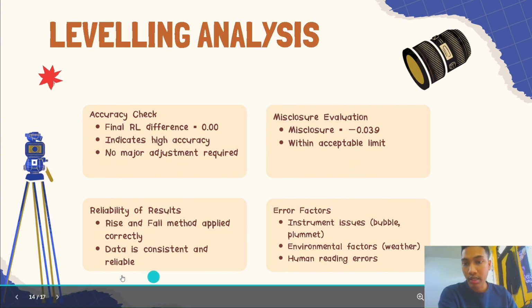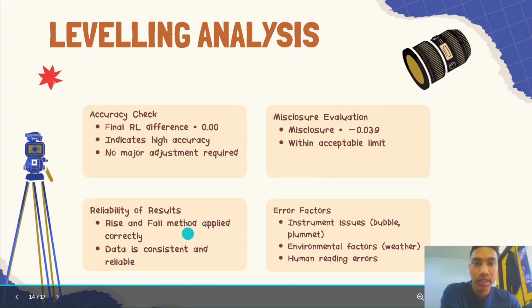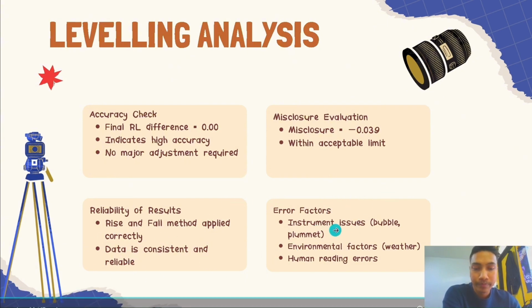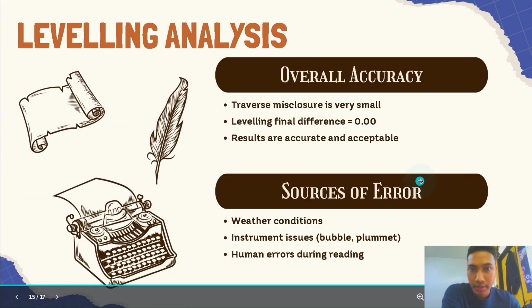And for the reliability of the result, since we are using the rise and fall method correctly, the data is consistent and reliable. Okay, and lastly, as for the error factors, for example, instrument issues, environmental factors like weather, and lastly, human reading error.